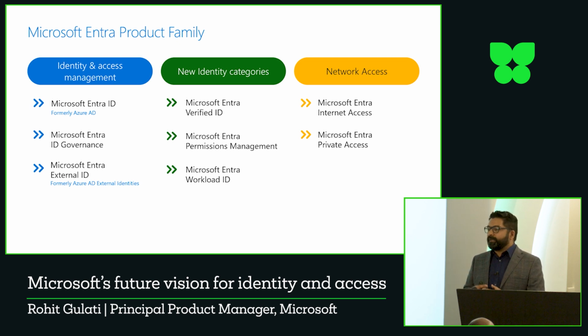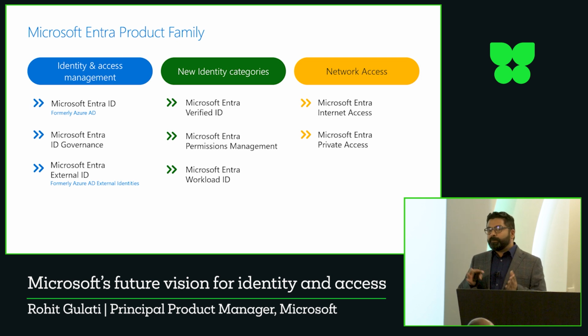But the new categories are around decentralized, verified IDs, that product offering. The multi-cloud entitlement management, which is our Entra Permissions Management offering. Workload identity, which is about how we can make sure we can secure non-human identities.